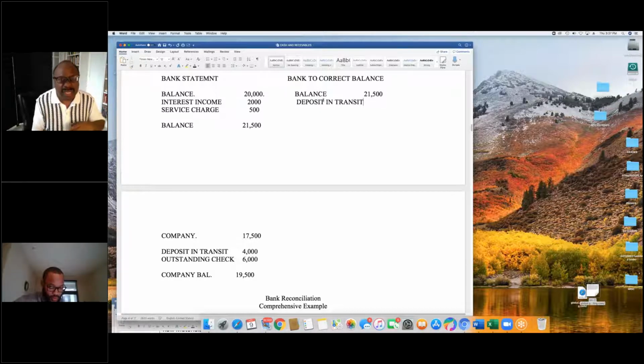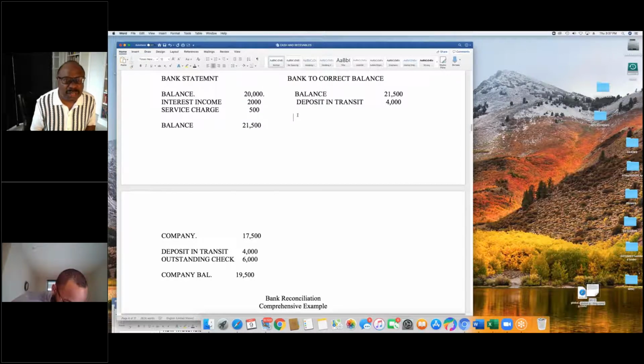So once it picks up the deposits in transit, it's going to add that deposit in transit of 4,000. So that's a plus.